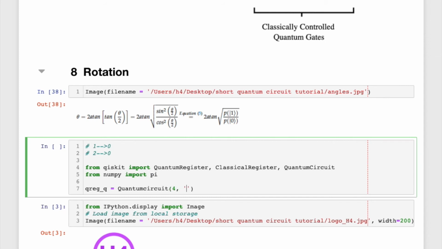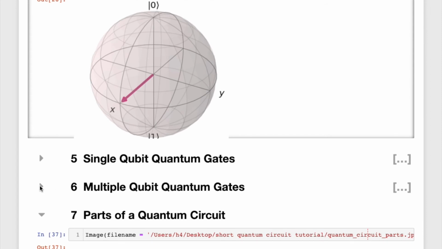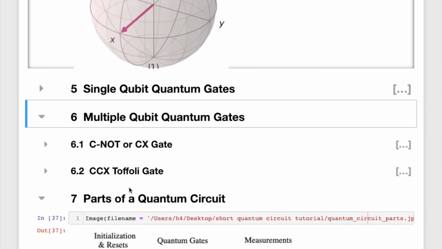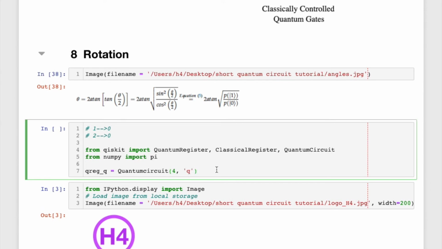The reason why we need 4 and not 3 is because we need an additional qubit to perform the CCX, Toffoli gates and CX gates to support our rotations.